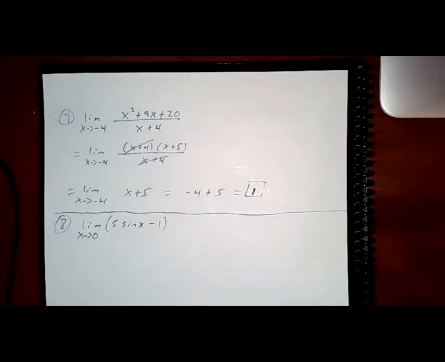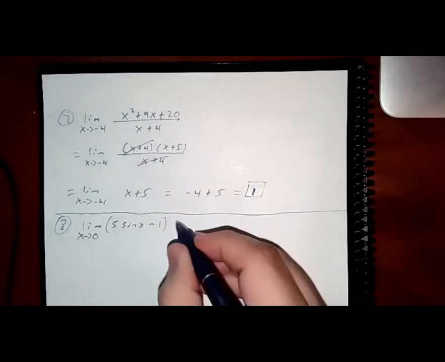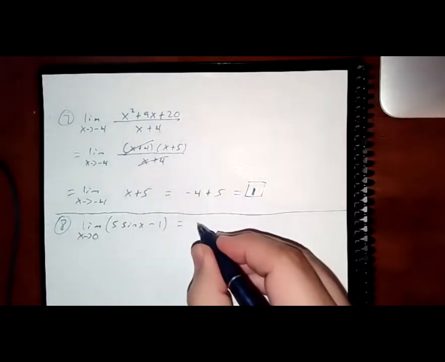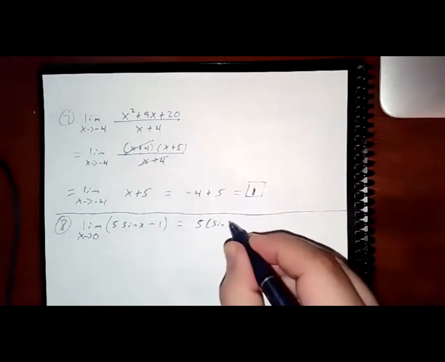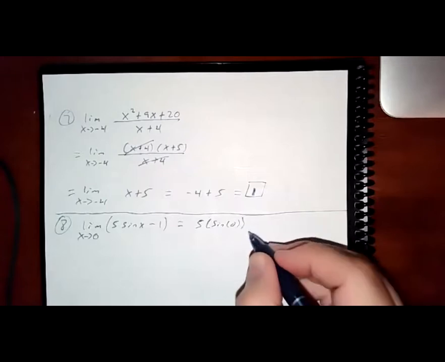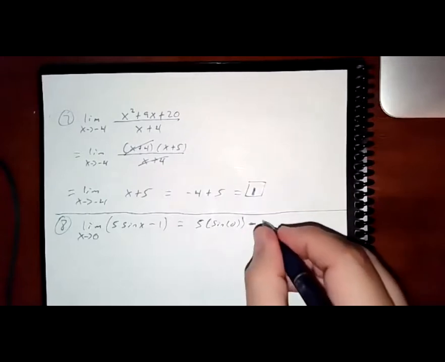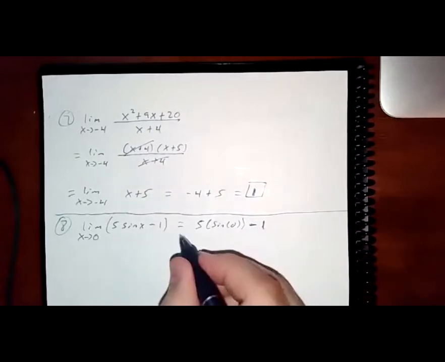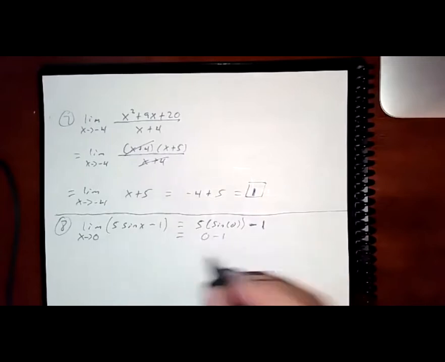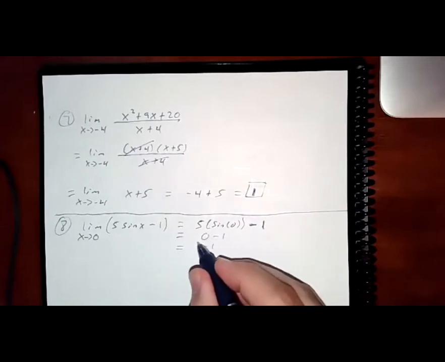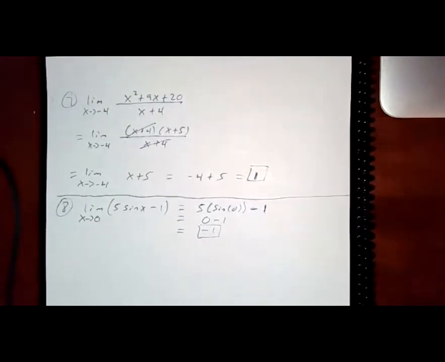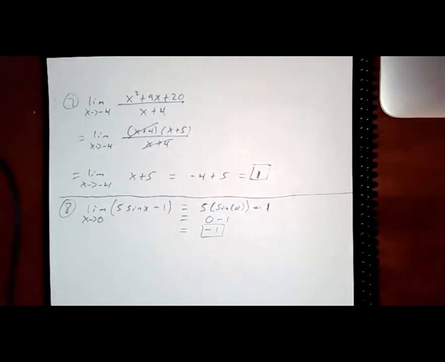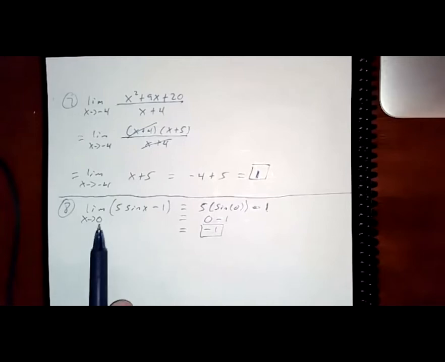If I plug in 0, what is sine of 0? 1. It's close. It's 0. Okay. So this would be 0 minus 1, which is -1. There's not much to do. Just basically plug it in, and then you're good. There's no issues plugging in 0.